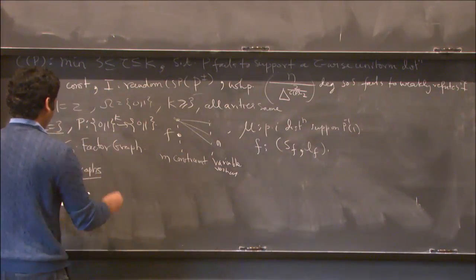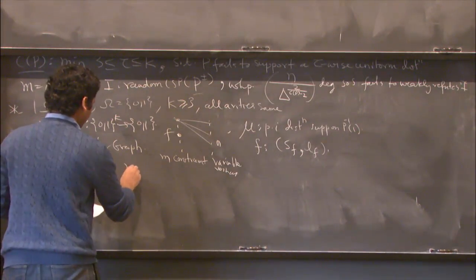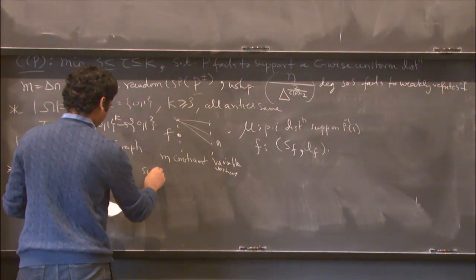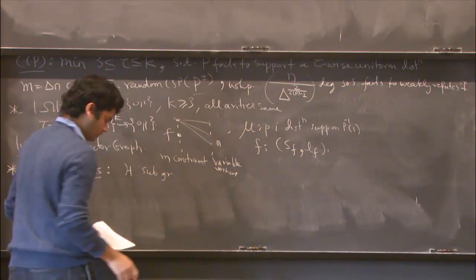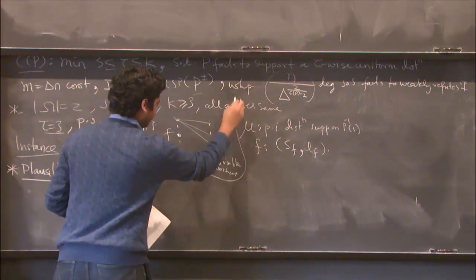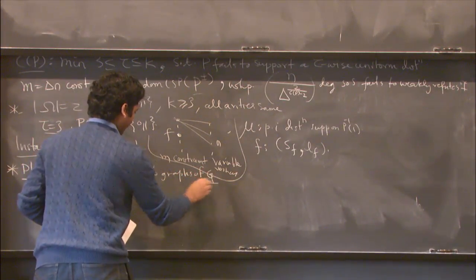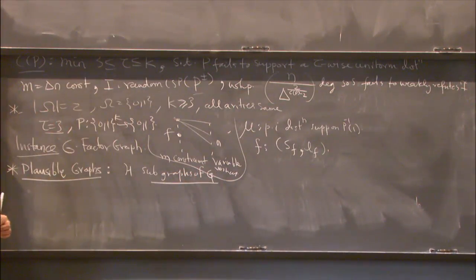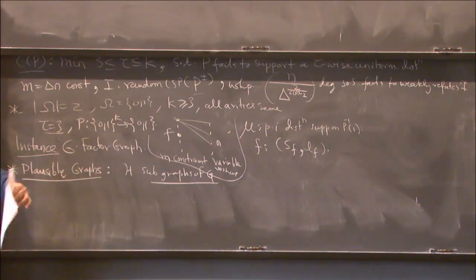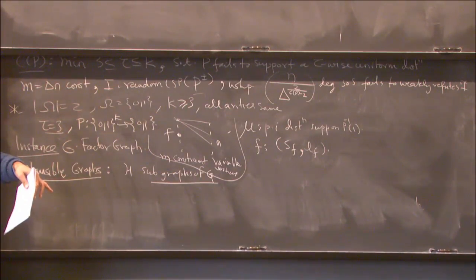To define this, I'm going to look at subgraphs of G. These are edge-induced subgraphs, meaning that I just collect a subset of edges and then look at the subgraph defined by those edges.